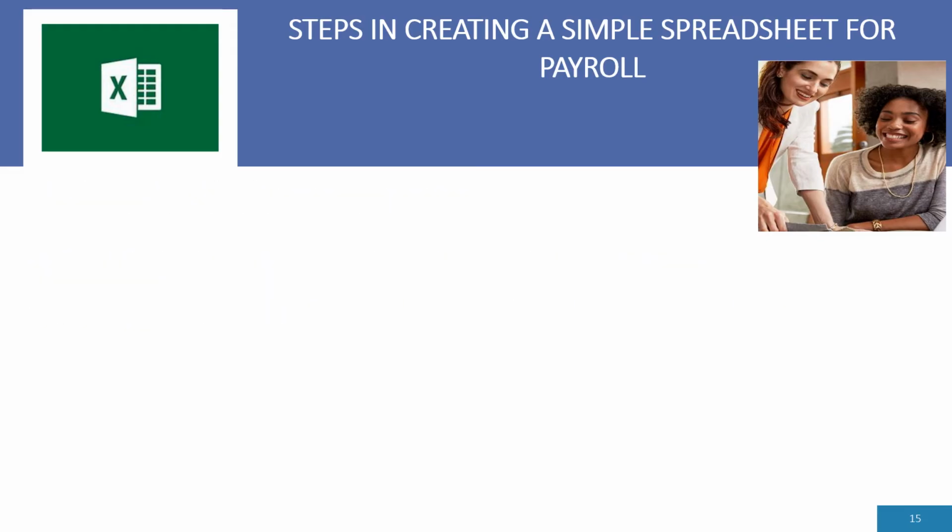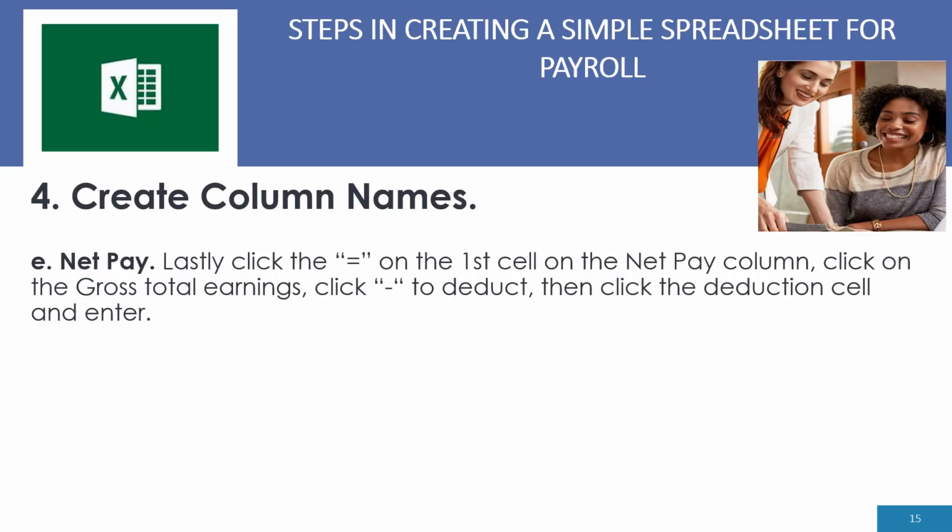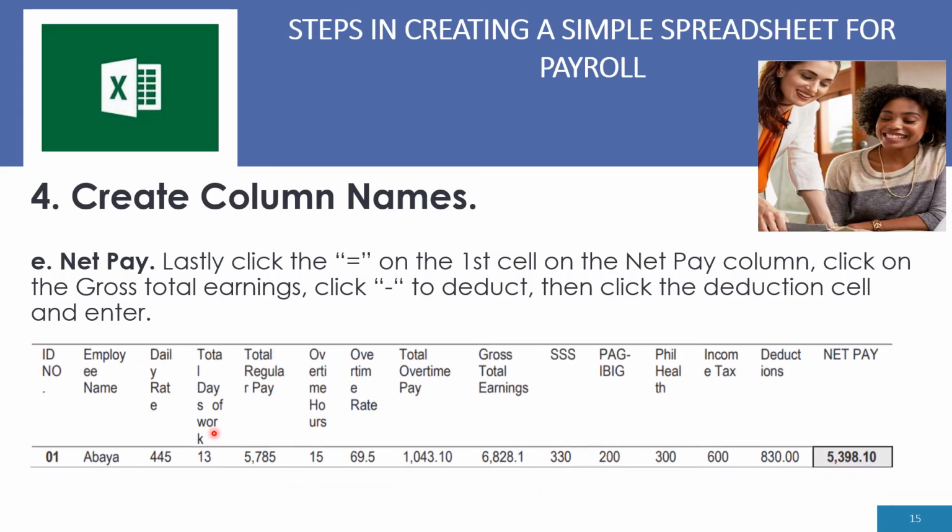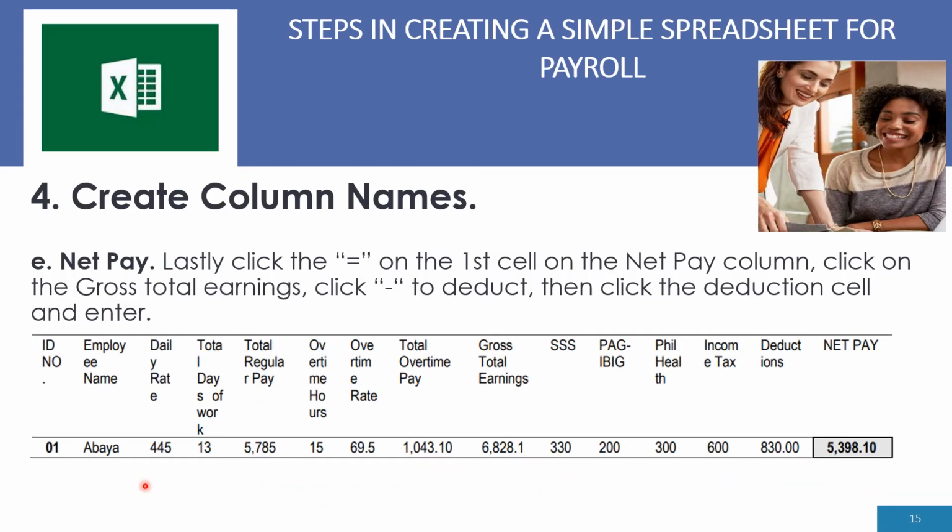For the next step, we are going to compute for the net pay. I will show you again. We have here the sample. You are going to put your cursor here again for the last time, then type equal sign.